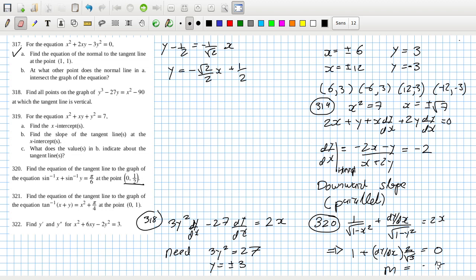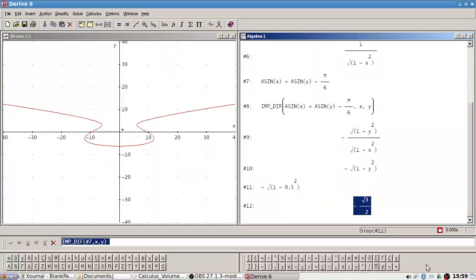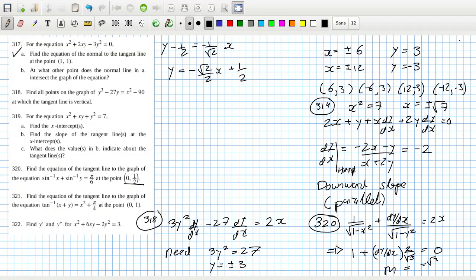So that would be minus root 3 over 2. Yeah, minus root 3 over 2. So that should have been minus root 3 over 2 plus a half. Okay, I guess still plus a half. That's what I get for doing things in my head.